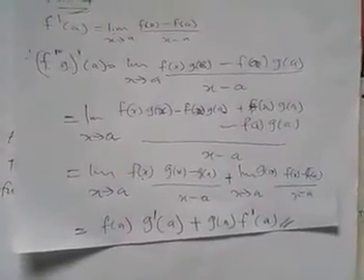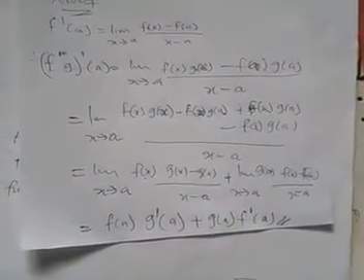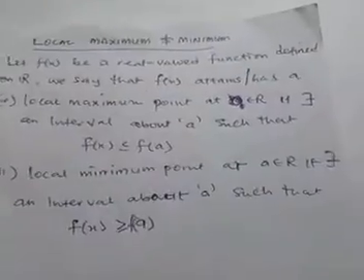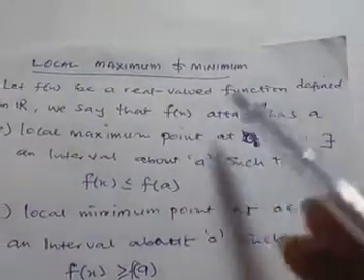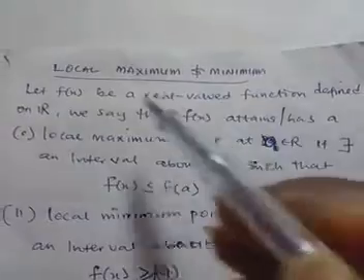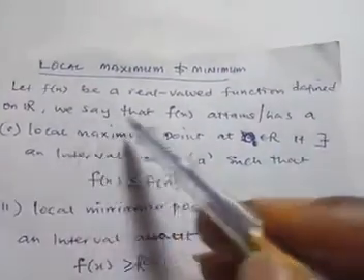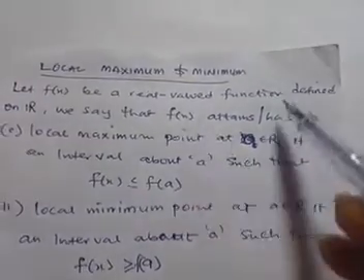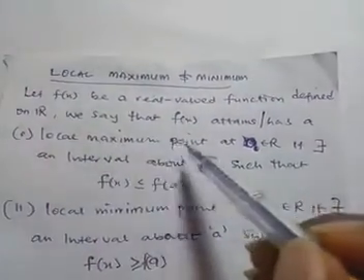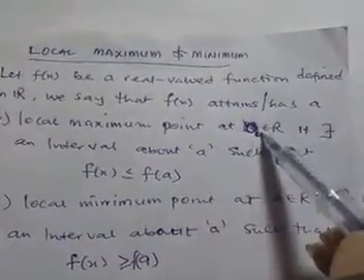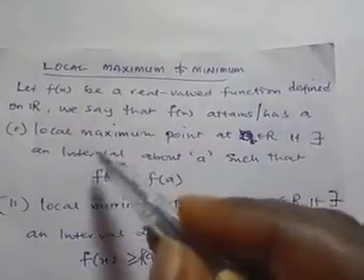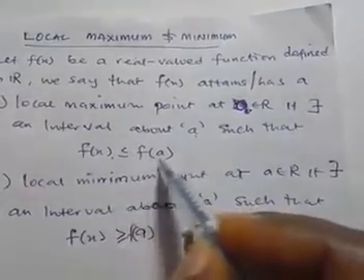So having done this, we now move to the concept of maximum and minimum. So this is local maximum and minimum. We say that let f of x be a value function defined on R. We say that f of x attains or has a local maximum point at a belonging to R if there exists an interval about that a such that f of x is less than or equal to f of a.